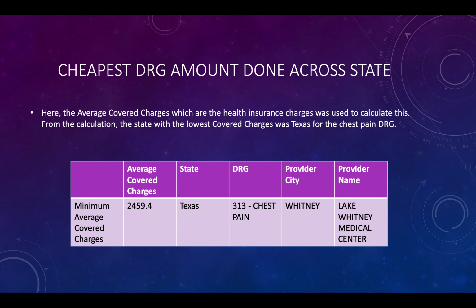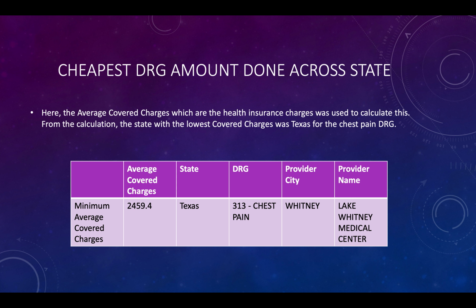And then I was very concerned about checking which DRG was the cheapest. And from determining that, I could see that chest pain actually had the cheapest average covered charges. Average covered charges are charges that insurance or third party providers or companies help to take care of for patients.